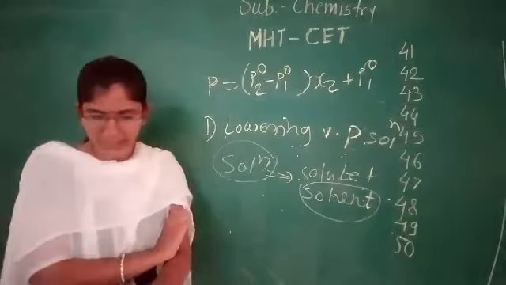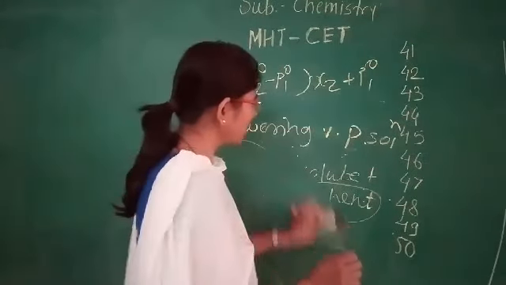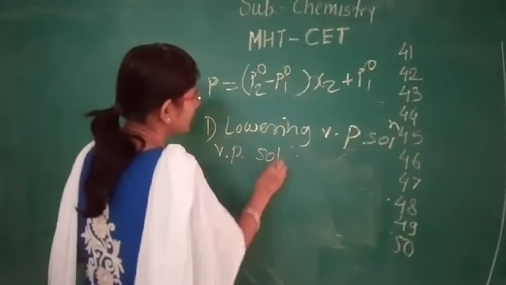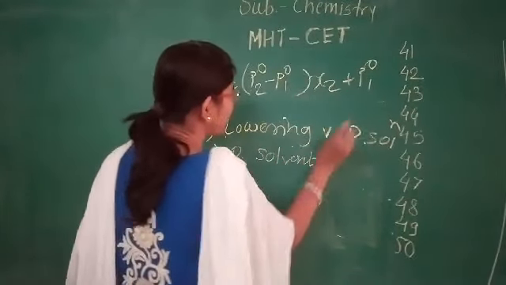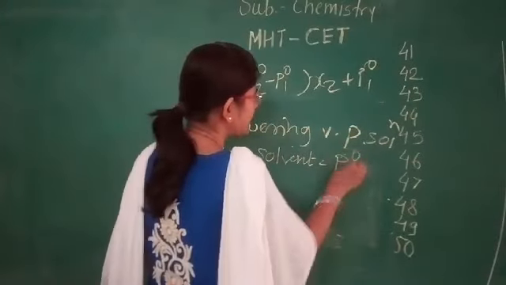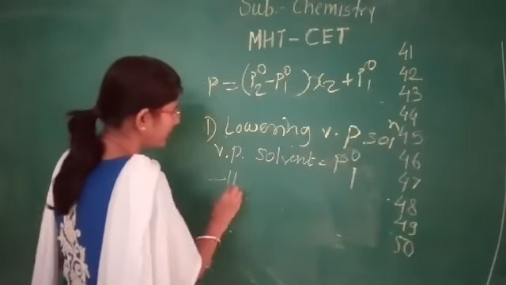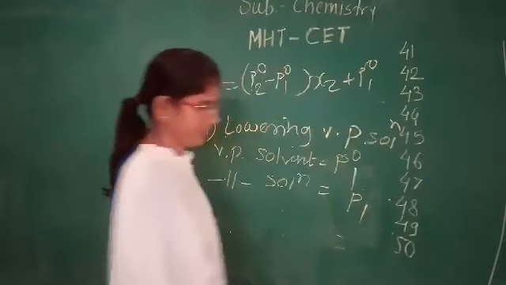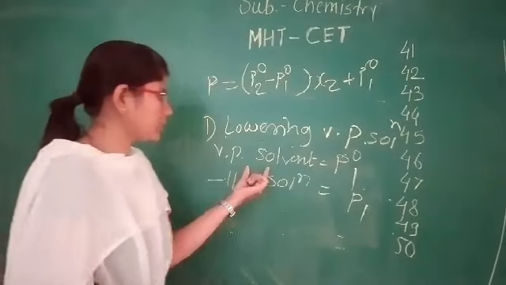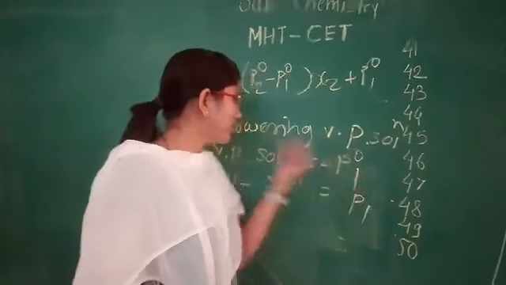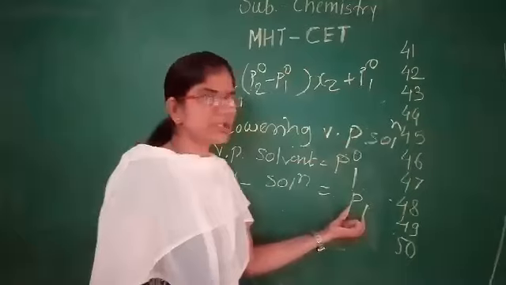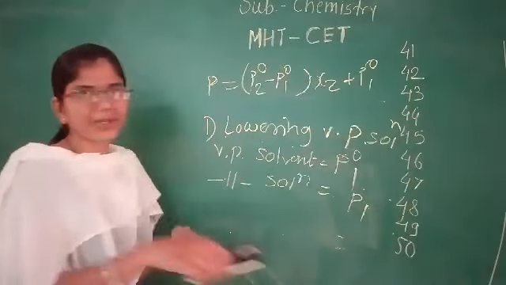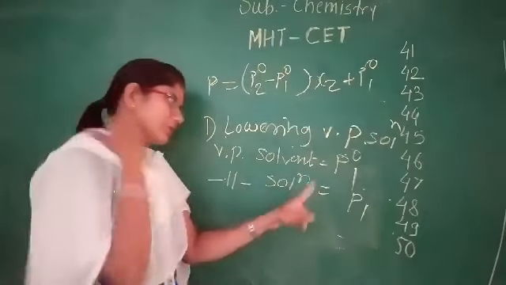Therefore, the vapor pressure of a solvent is considered as P01, and the vapor pressure of a solution is equal to P1. Our first colligative property is the lowering of vapor pressure of a solution.